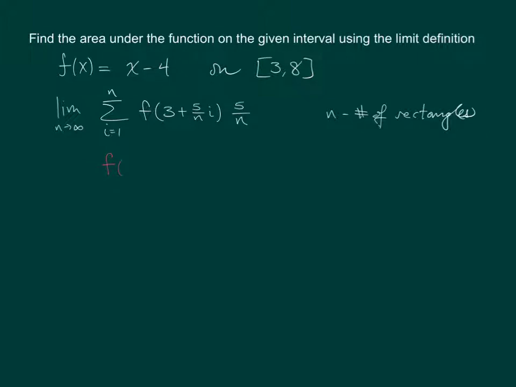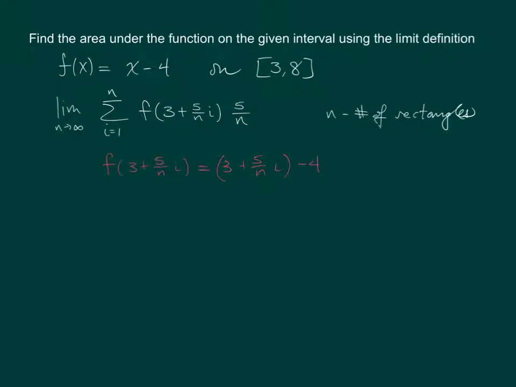f of 3 plus 5 over n i. We need to figure out what this is. So in order to do that, we're going to look back up here at the function. x gets replaced with this expression, so this x will also get replaced with that expression, plus 5 over n i, minus 4.